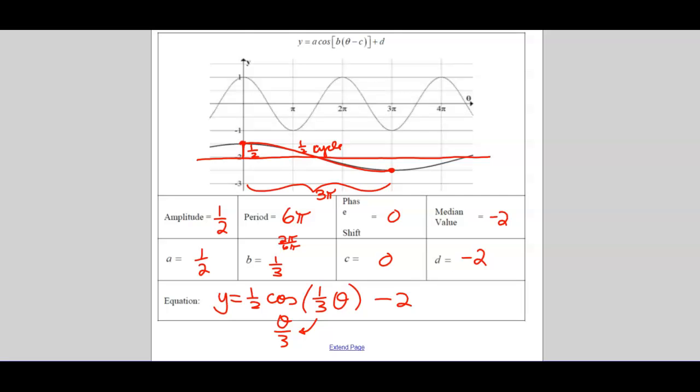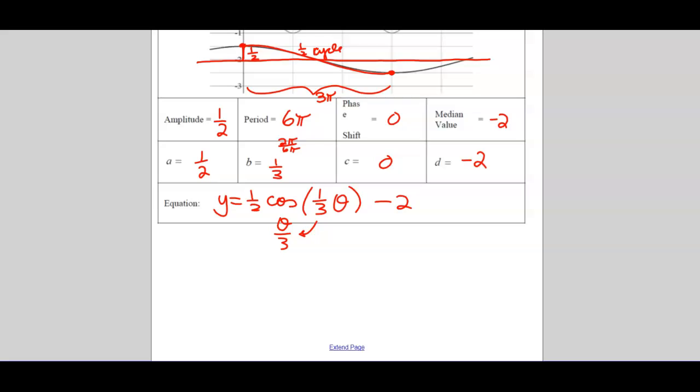Just be aware that sometimes when questions are typed up, you might see it written like this, and that would still mean 1/3 theta, in most cases, unless there's maybe some space or dot or something. We wouldn't multiply cos of 1/3 by an angle. The context of it doesn't make sense.